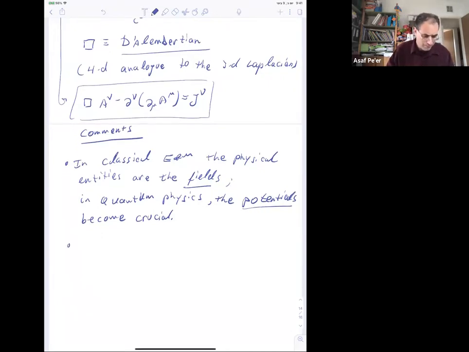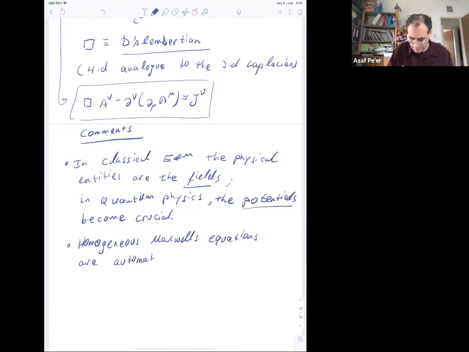So the homogeneous Maxwell's equations are automatically taken care of in the potential formalism.